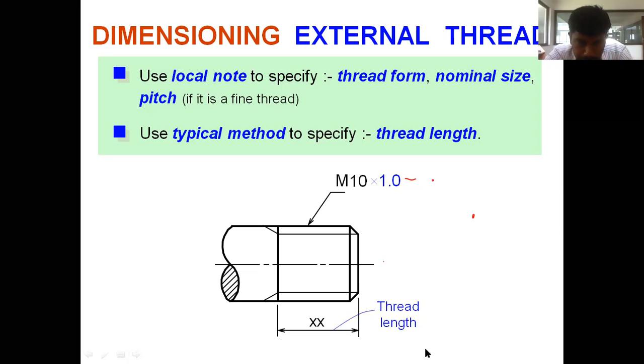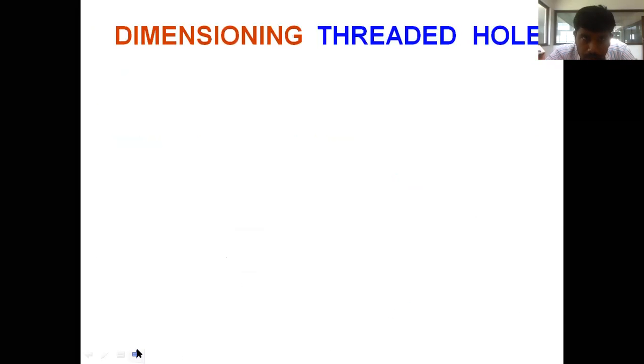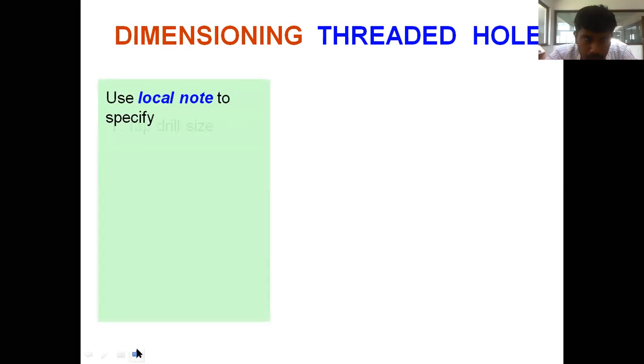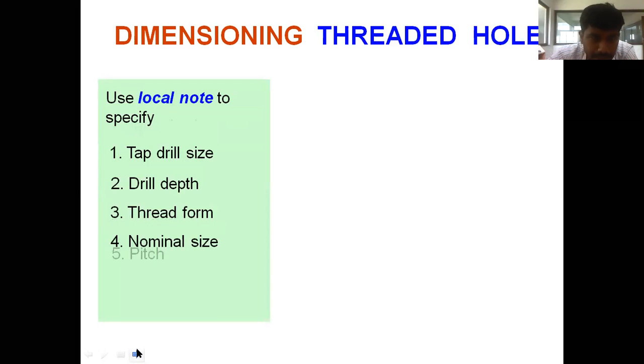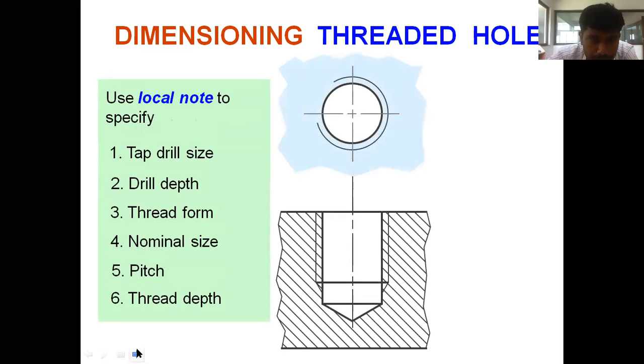Next we'll see dimensioning a threaded hole. Use a local note to specify the tap drill size, drill depth, thread form, nominal size, pitch, and thread depth.